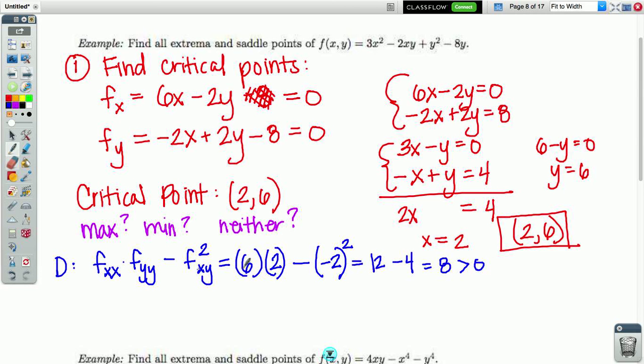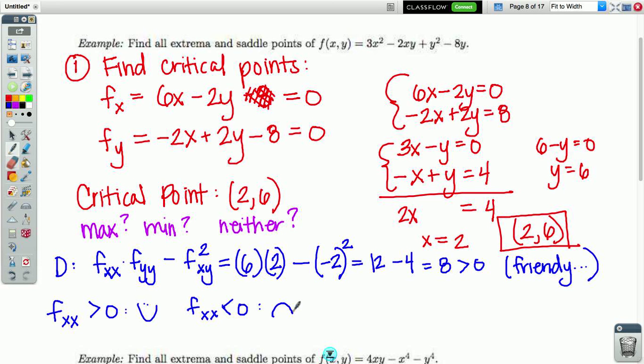Now, as long as this determinant is positive, that tells me that everything is friendly, and I can go back to single variable calculus. And single variable calculus tells me as long as my second derivative is positive, then I've got a happy face, and as long as my second derivative is negative, then I've got a sad face.